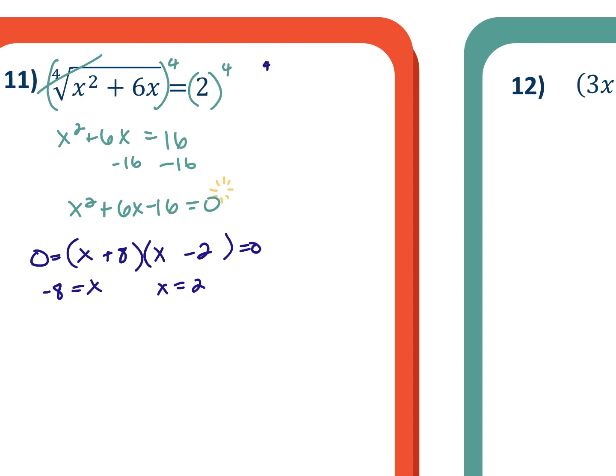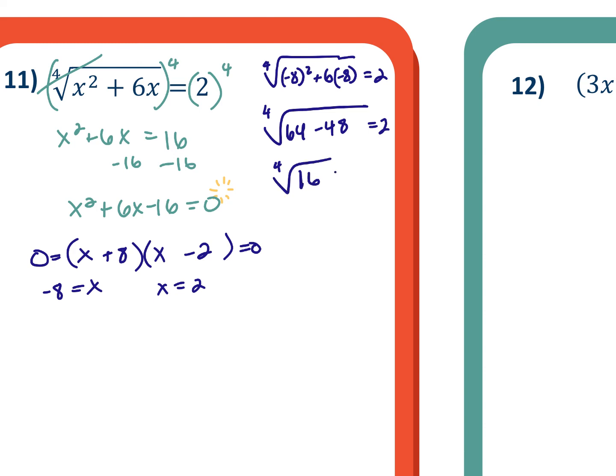So the fourth root of negative 8 squared plus 6 times negative 8 equals 2. I'd get the fourth root of negative 8 squared is 64, plus 6 times negative 8, minus 48, equals 2. I get the fourth root of 16 equals 2, and 2 equals 2, so I keep that one.